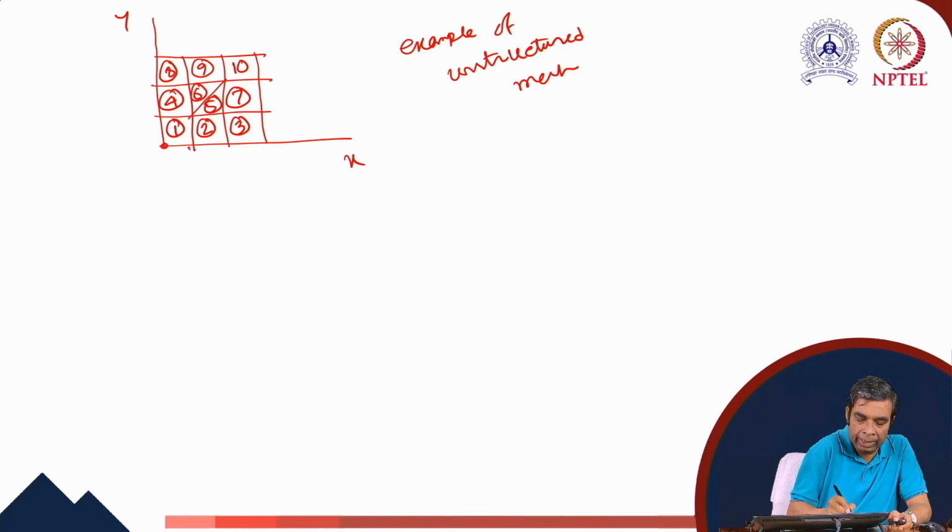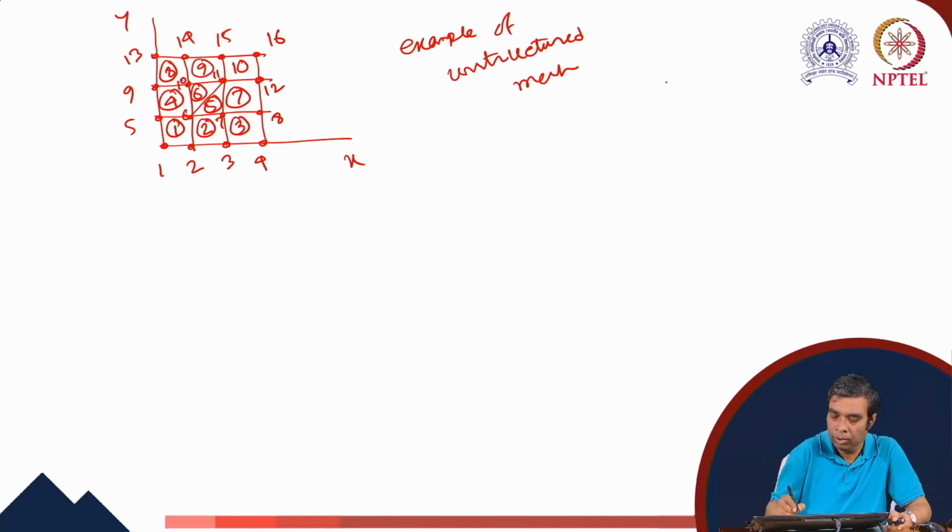Now, these are our global nodes 1, 2, 3, 4, 5, 6, 7, 8, 9, 10, 11, 12, 13, 14, 15, 16. Now, already we have shown that for quadrilateral elements, our local node numbering follows this structure 1, 2, 3, 4 in the counterclockwise direction.